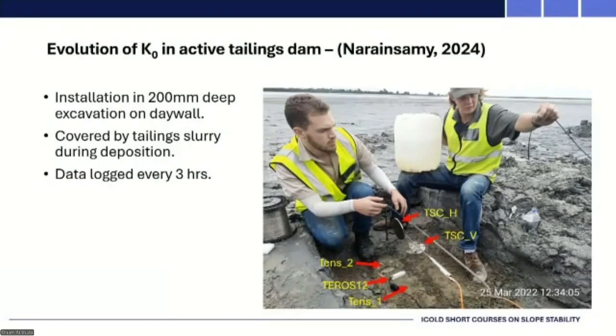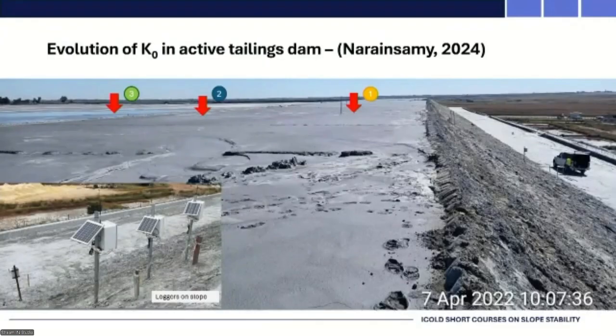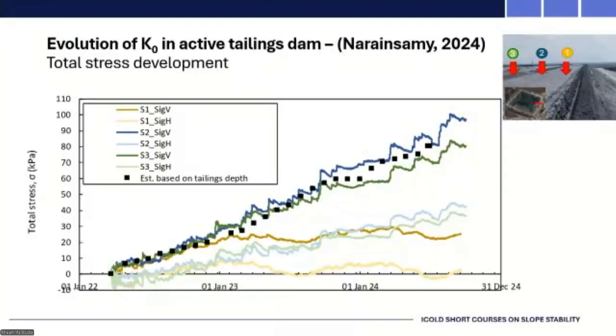So you can criticize stress measurement, as I said before, but I want to show you the data. This is just our instrumentation locations after they had been buried, and you can see some data loggers standing there sending us the data remotely to Pretoria. These are vertical and horizontal stress measurements at different locations.